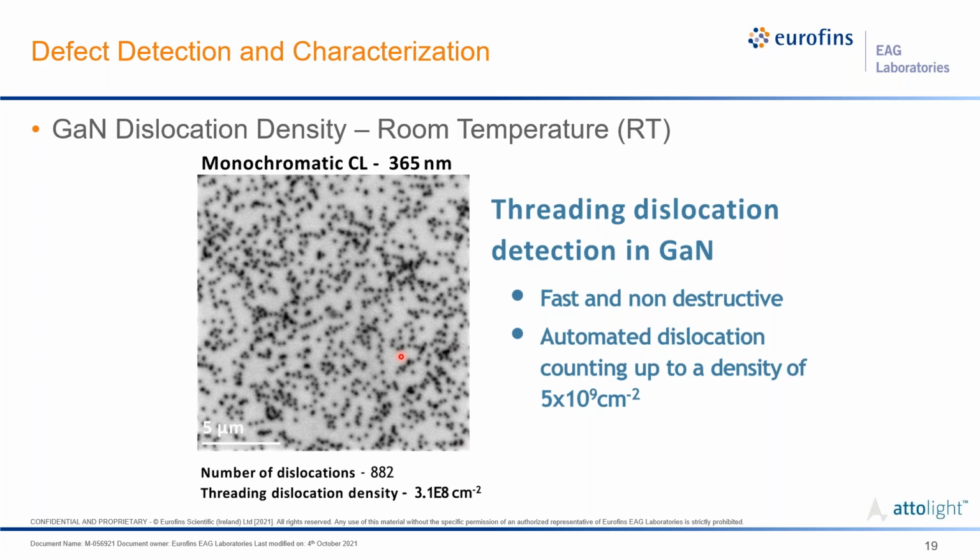But the thing I'm not mentioning here as well is that since we have that very large field of view, 300 microns by 300 microns, we can effectively look at defect densities down in the 1E5 kind of range. So we can actually go after a lot lower defect densities than a lot of other techniques.